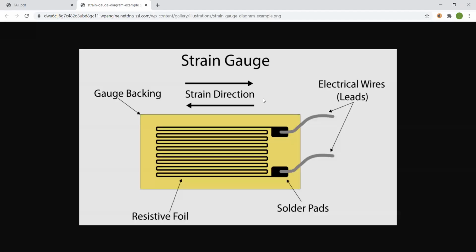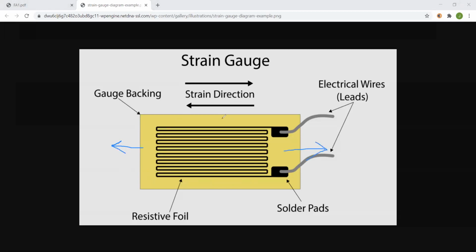So strain gauge, kung sa mga nakabasa na, strain gauge looks like this. Okay? So what does a strain gauge do? It measures the strain in one direction. Okay? So kung ganito yung orientation ng strain gauge nyo, it measures the strain in these directions.